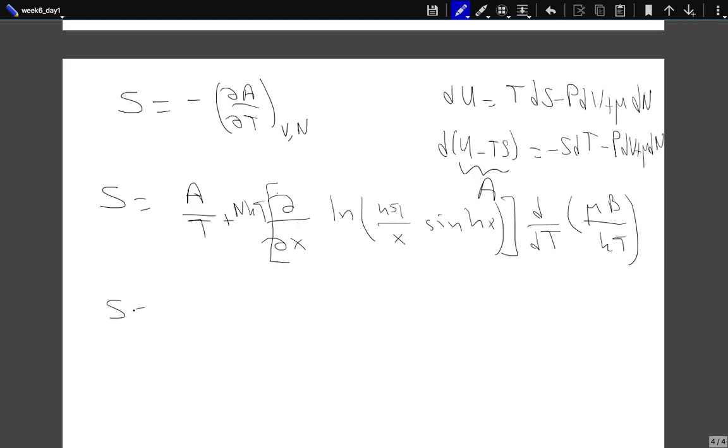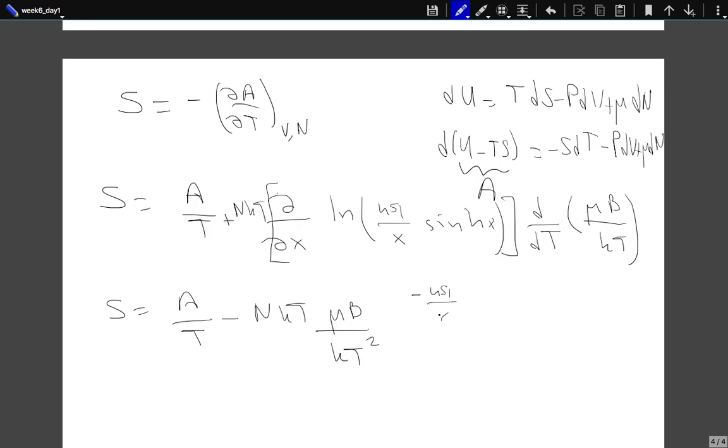So S is A over T plus nkT. Let me take this time derivative first. So that brings us a minus mu b over kT squared. Now let me take the derivative with respect to x. The derivative with respect to x will bring me the derivative of the inside first.